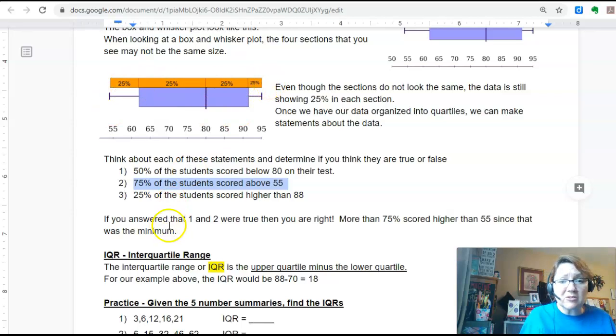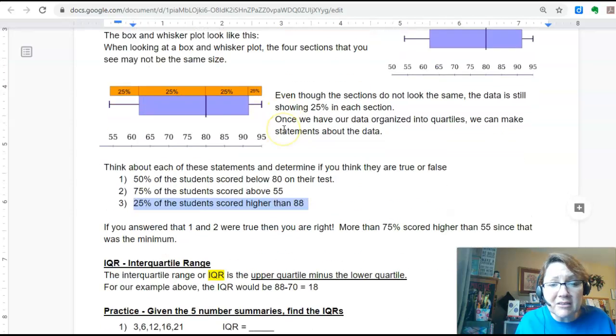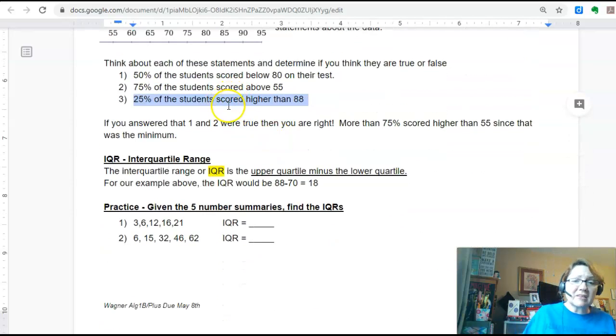That's like 100% scored more than 55, so that's a false. 25% of the students scored higher than 88. Oh, here's my 88, somewhere right in here, 25. So that's about true. I don't think my lines look exactly right. I think that was supposed to be on the 88, but they didn't turn out to look all that good. So that's actually kind of true as well.